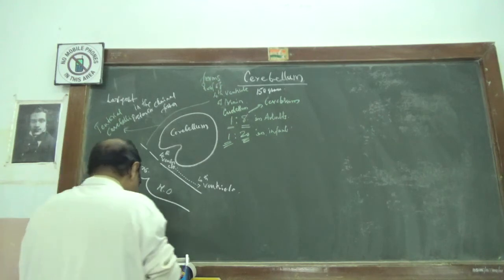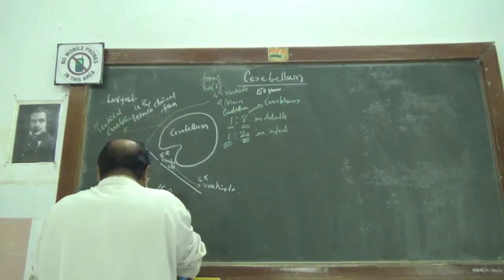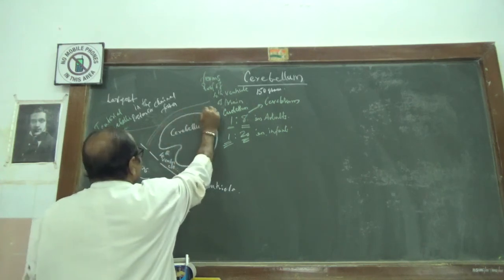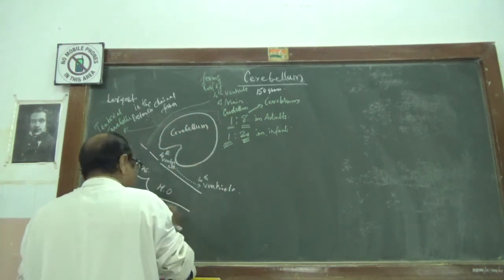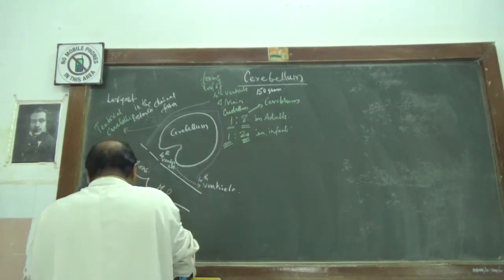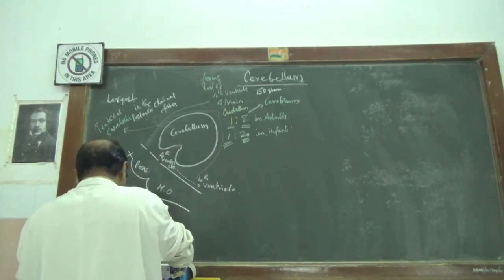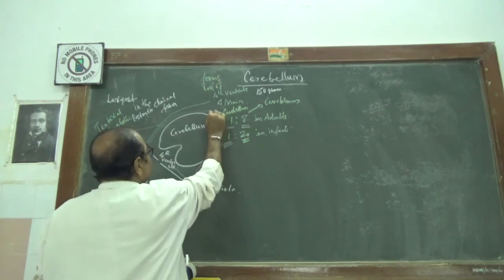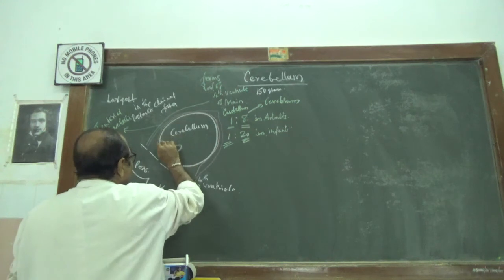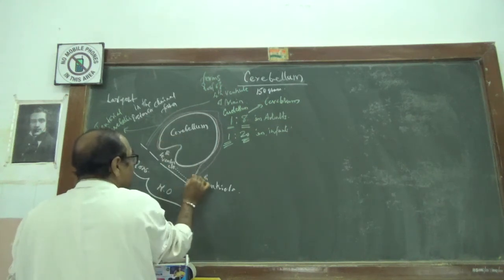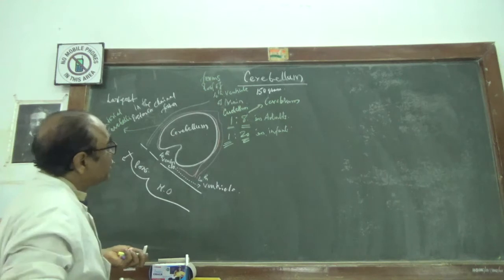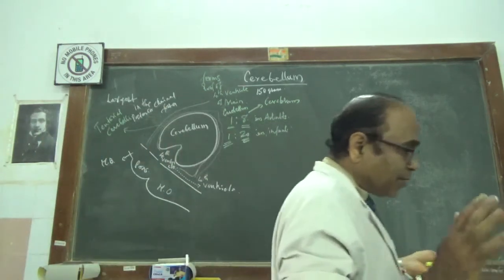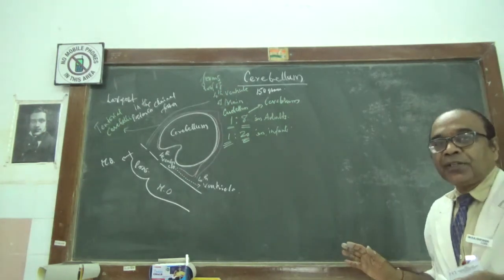Then it is also covered by arachnoid matter, and it is covered by the pia matter. This pia matter will be covering the entire cerebellum, which is present in the posterior cranial fossa.